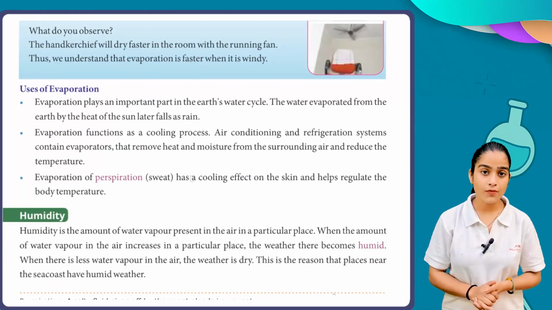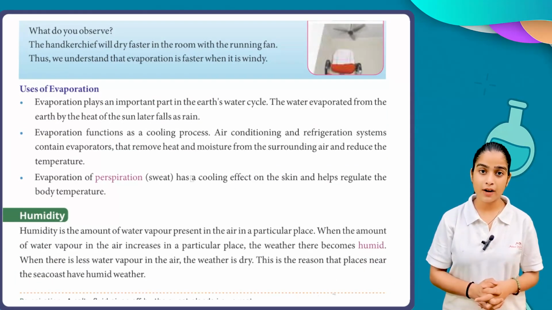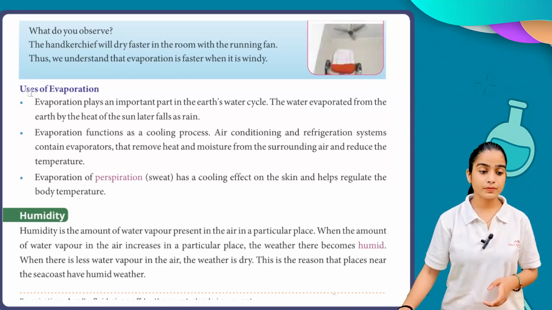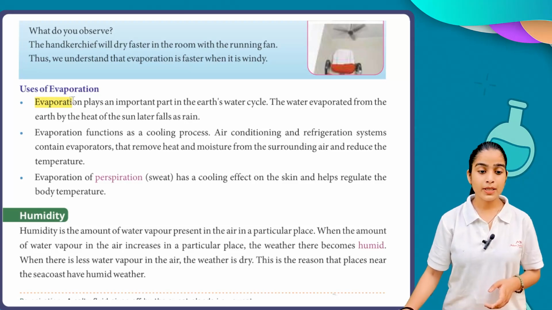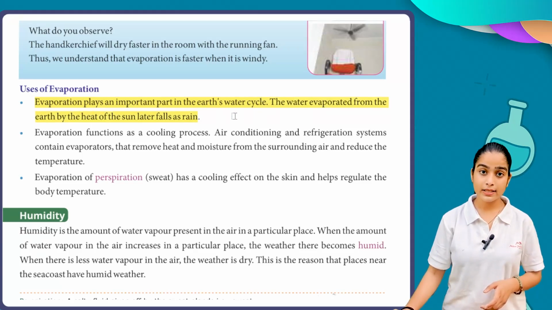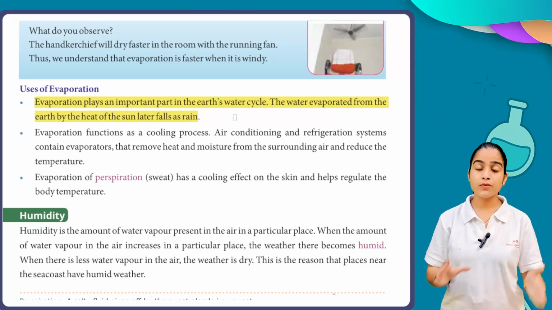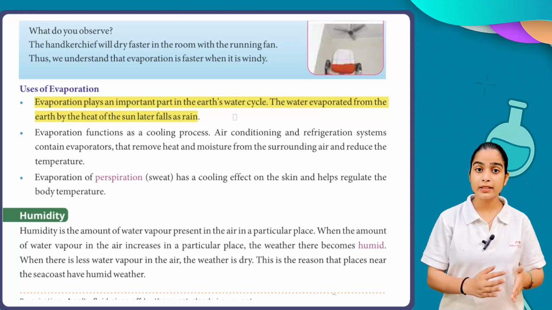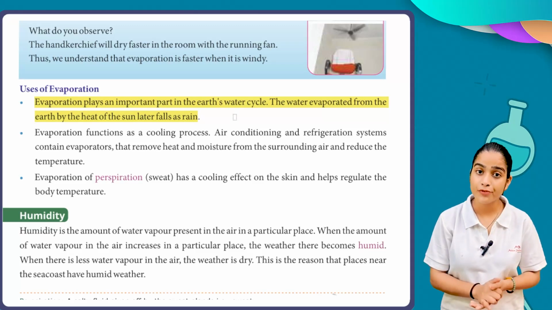Now, uses of evaporation. What are the uses of the evaporation process? Evaporation plays an important part in the earth's water cycle. The water evaporated from the earth by the heat of the sun later falls as rain. So the water which is converted into the gaseous form will be recycled and reused in the form of rainwater.